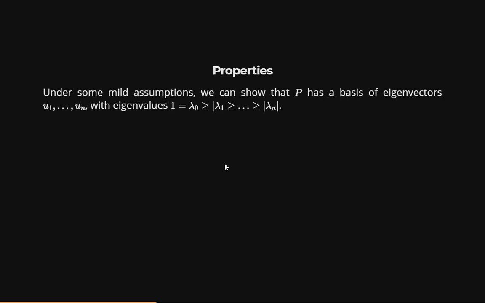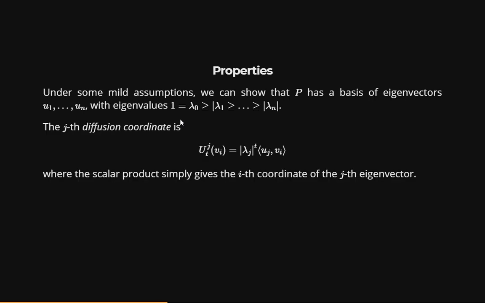Now, under some mild assumption, we can show that P, or P times M, depending on how you interpret it, has a basis of eigenvectors U1, Un, with eigenvalues, well, okay, U0 is the constant one. You always take out the constant one. With eigenvalues lambda 0, which is 1, and then smaller absolute values.